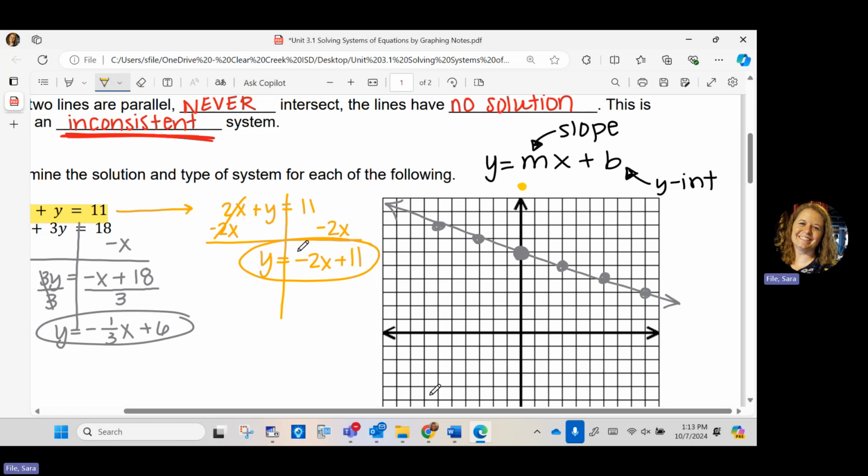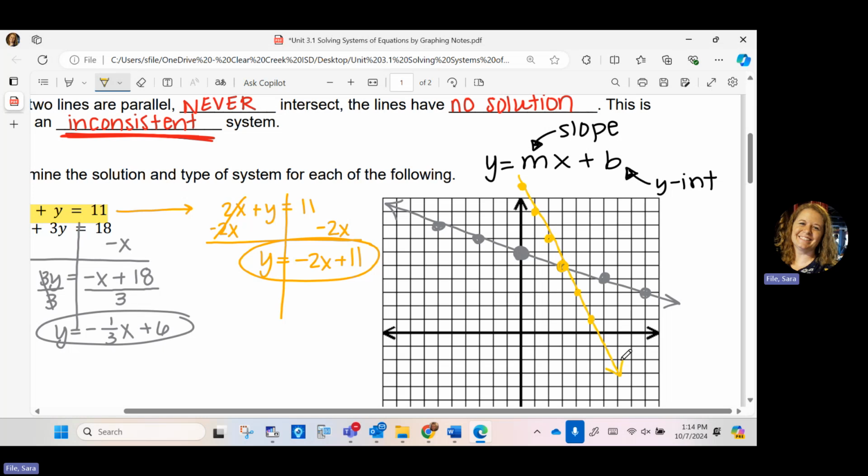And then we have a slope of negative 2. So that means we're going to go down 2, right 1, down 2, right 1, down 2, right 1. You can get as many as you need, but hopefully you noticed we just drew a point on top of one of those gray points.